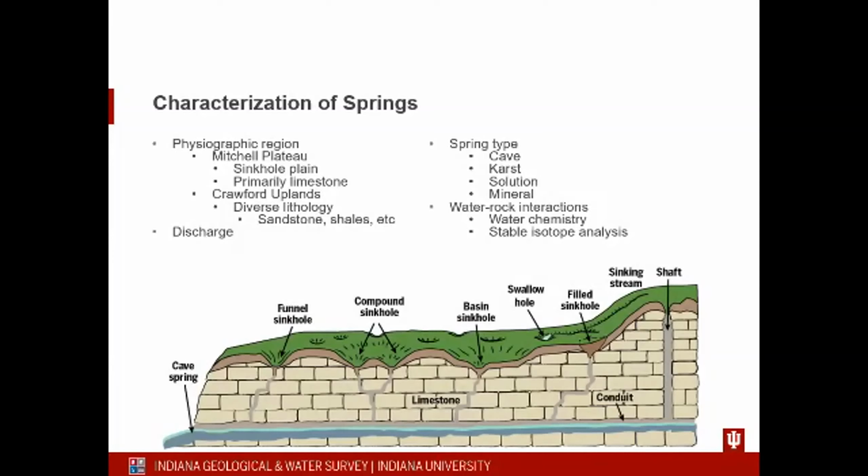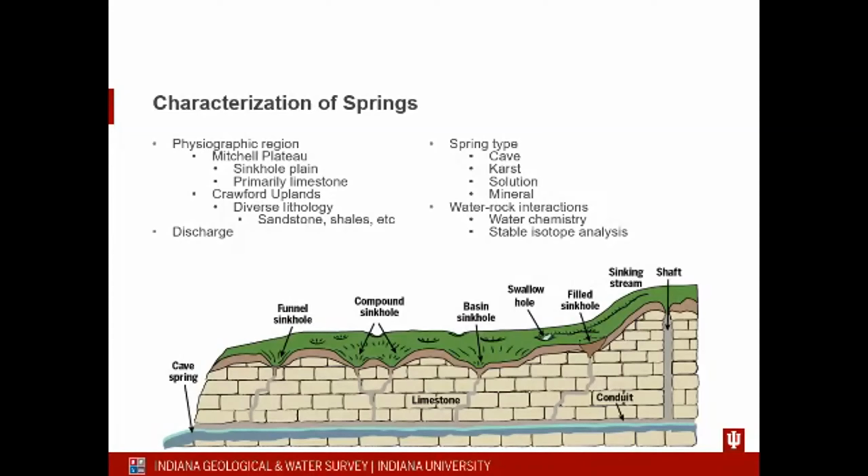The two provinces we've investigated at this point in the project are the Mitchell Plateau and the Crawford Uplands. The Mitchell Plateau is a sinkhole plain which is made up primarily of limestone, while the Crawford Upland generally has a more diverse lithology, so it also contains clastic layers like sandstone and shale.